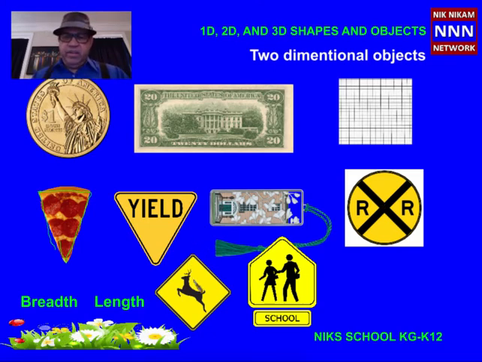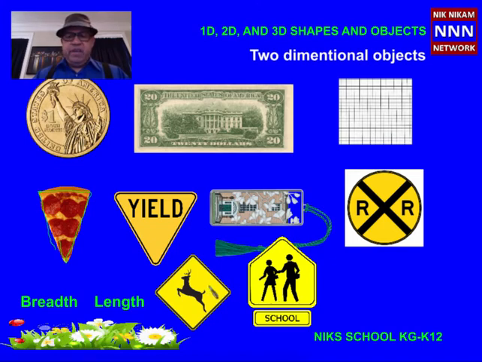And here is an example of a deer. That means sometimes deer may be crossing the road. So you have to drive with caution. And here you must see this. When you go to the school next time, see if you can see this sign. This is a school zone.